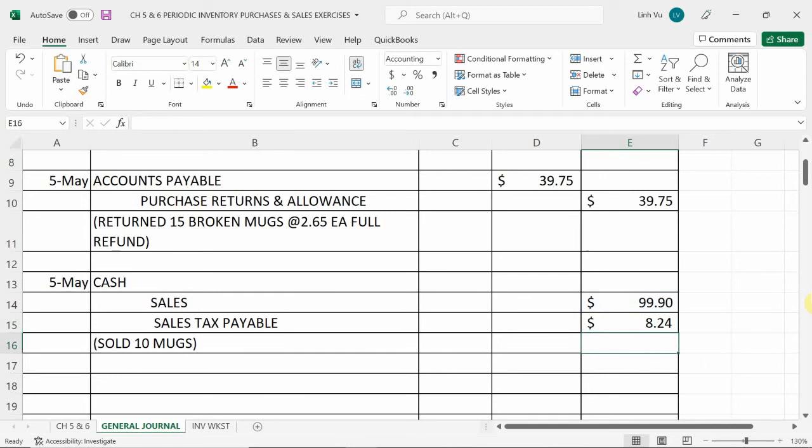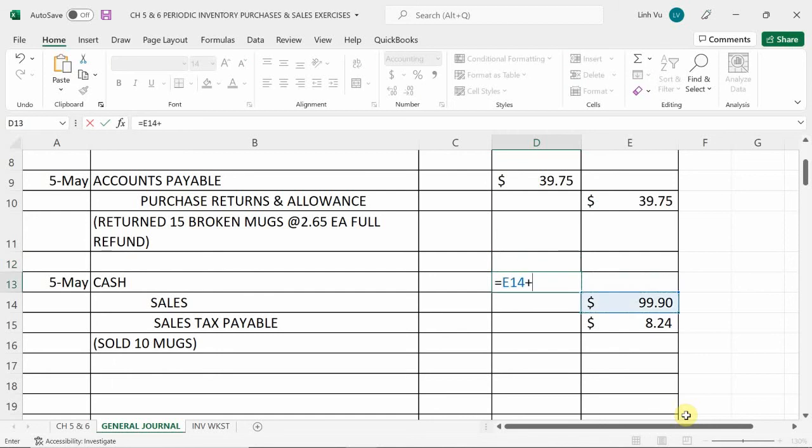So therefore, overall, in grand total, how much cash did I actually receive for the sales? $108.14 cash.